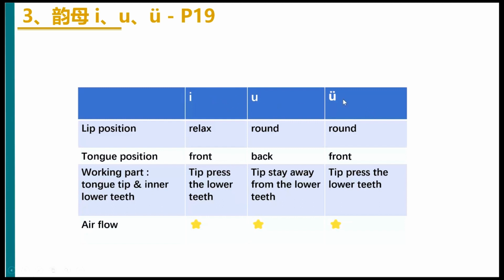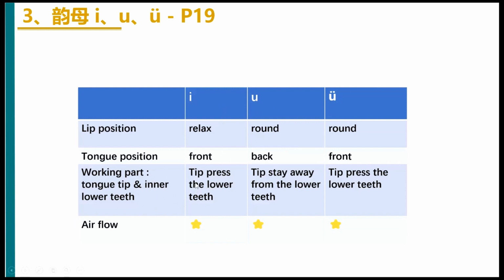I, u, yu. When we are pronouncing this group, for lip position, u and yu are round lip, while for i, your lip can relax. Tongue position: for i and yu, the tongue is in the front, while for u, your tongue is held back. The working parts are the tongue tip and the inner lower teeth.